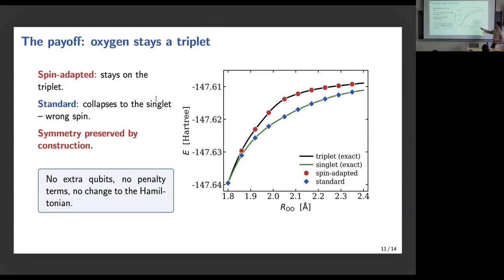And this is how we're fixing it now. The red dots correspond to the spin adapted generator calculations, and the blue dots correspond to the standard generators. As you can see, the spin adapted generators solve the problem to a very high accuracy.